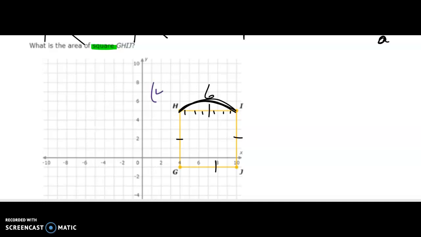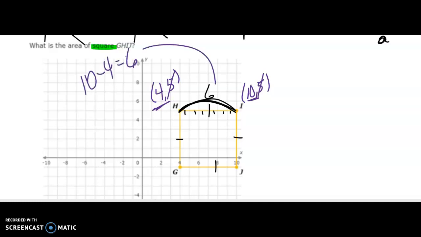Or you can figure out where they are. So H is at 4, 5, and I is at 10, 5. Since the y's are at the same height, how much is it from 4 to 10? Well, you would subtract them, and you would get 6.